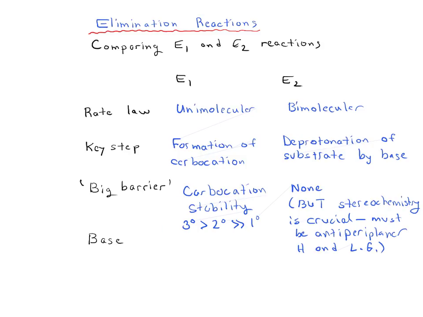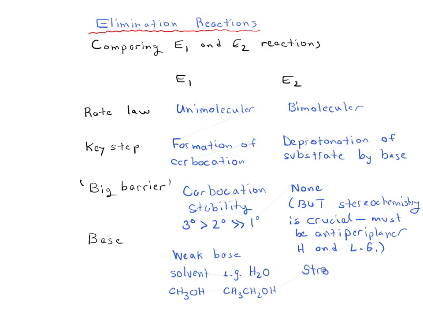And the last thing to talk about contrasting the E1 and the E2 is the identity of the base. In the E1, it's usually a weak base, usually solvent. So for example, water, or your alcohol if you're using alcohol as a solvent, or ethanol if you're using that as a solvent. So usually a weak base.